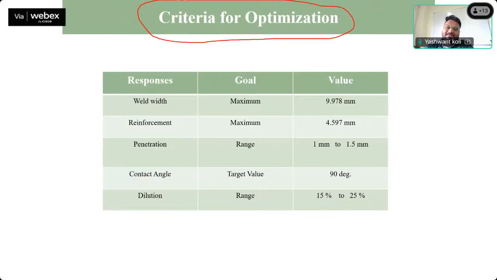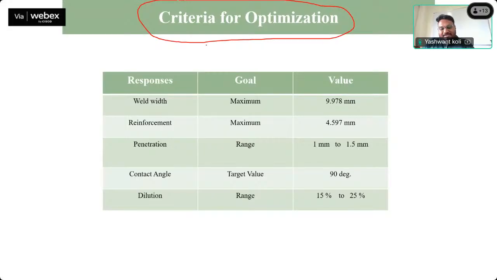What is the criteria that we have to set for what output we need? If we are doing only single weld bead optimization, the criteria may be different.